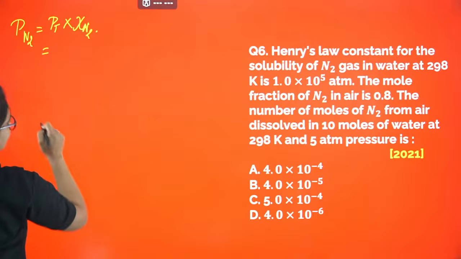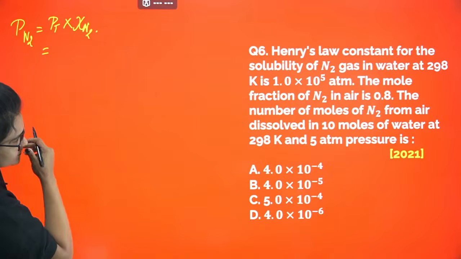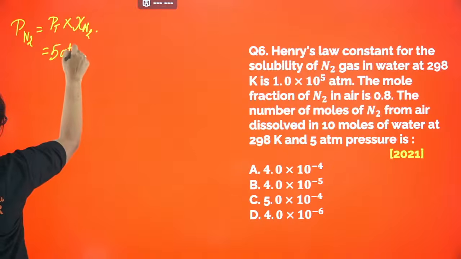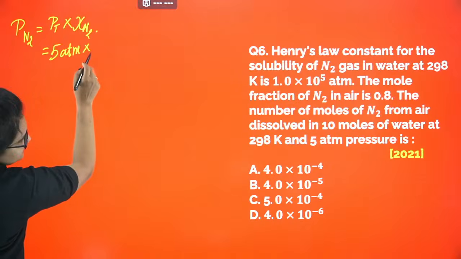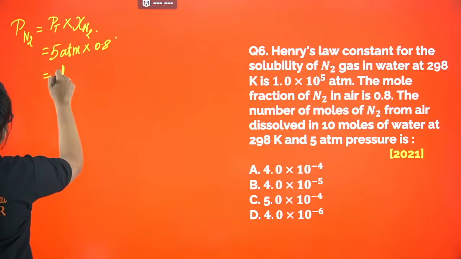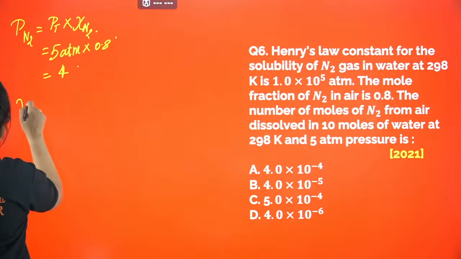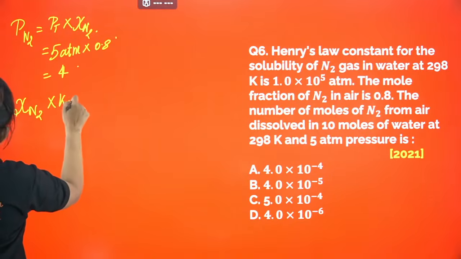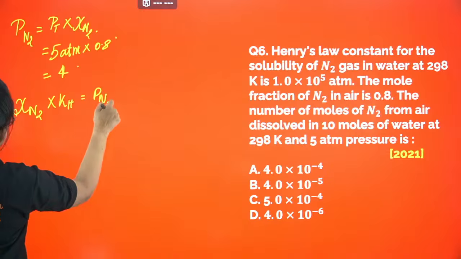Right? Now total pressure is given, you can see atmospheric pressure is given 5 atmosphere into mole fraction they are saying 0.8. Okay, if you do it, it will come as 4, right? Now you can just apply this mole fraction of N2 into KH, that is nothing but P of N2, that is Henry's law, right?